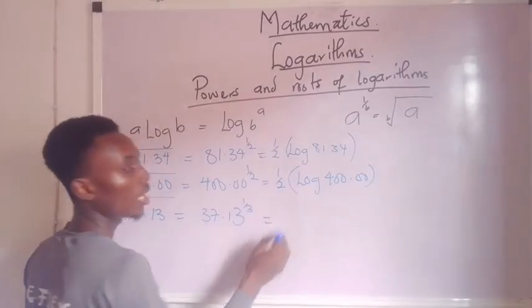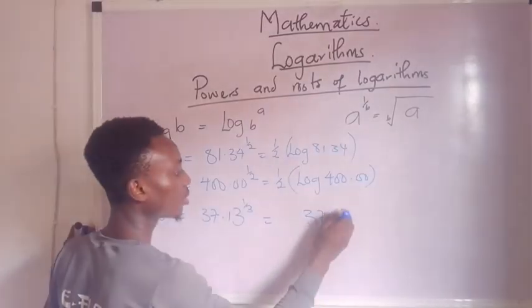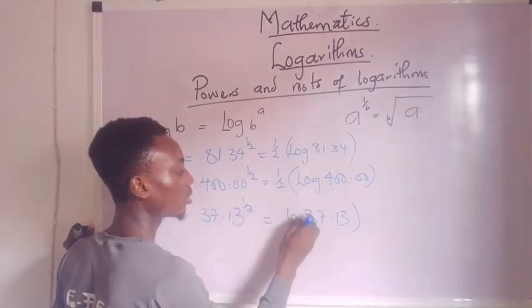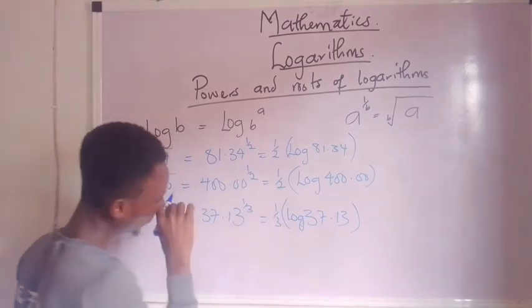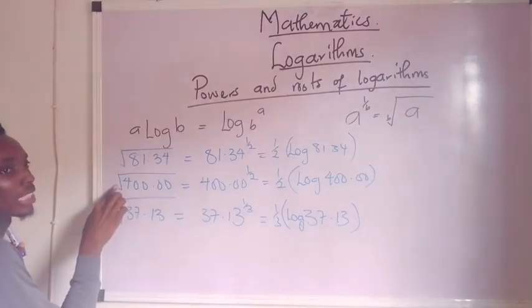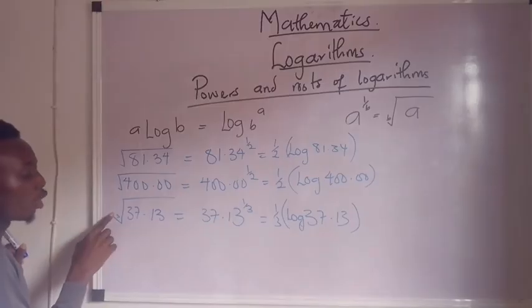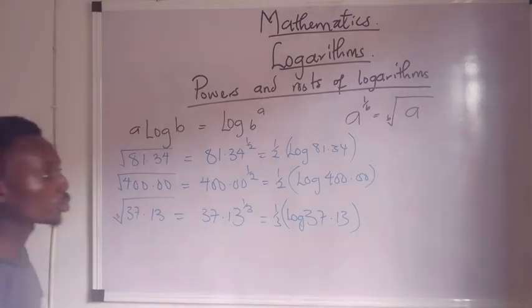And when we find the logarithm of this one, we multiply it by 1/3. The invisible number here signifies square root, and when you have a number there, it signifies that particular root. So if it's 3 that is there, it's cube root. If it's 4, you find the fourth root.